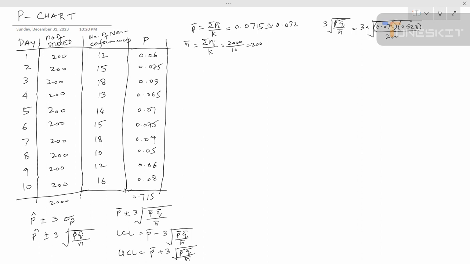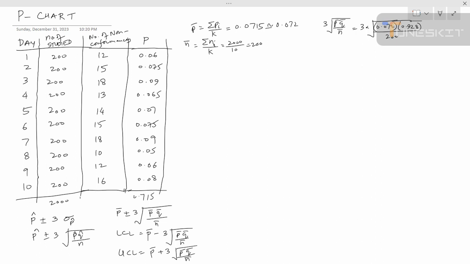So we multiply 0.072 by 0.928, divide this by 200, and then take the square root of this answer. 0.00033, that's 0.018, and then multiply this by 3.